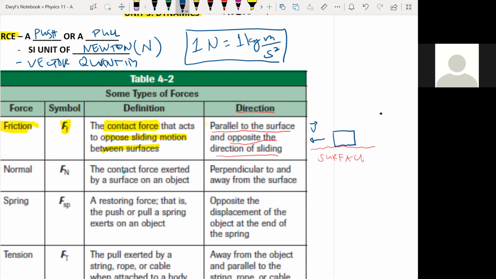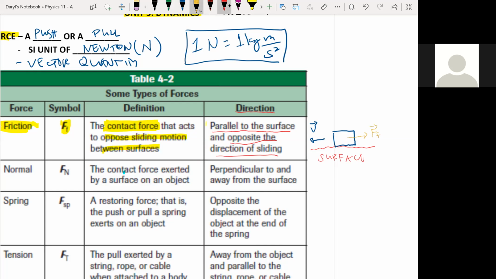So it's moving in that direction to the left. Friction in that particular object would be to the right. So this would be FF. Okay, so just to denote that this is a vector quantity, the arrow must be there.